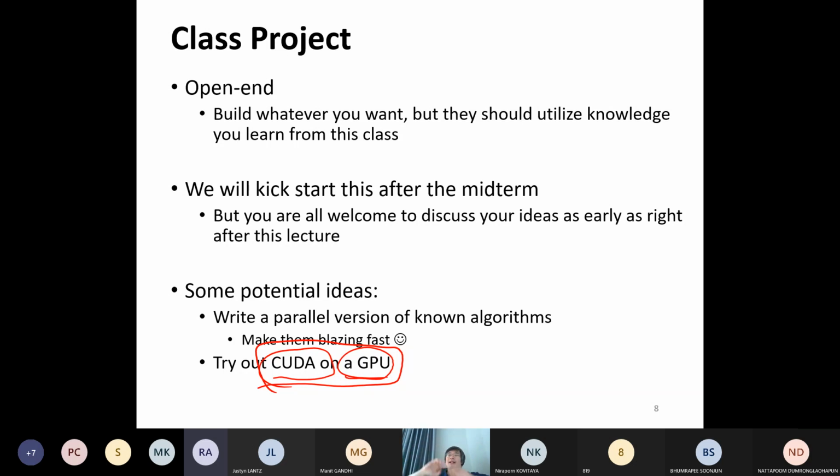So let's come back to the context of this class and the fact that these fields are in high demand. What does it mean? If you know how to do these things, or if you have a project related to these things, you're gonna get a really good job because not many people can do that, right?